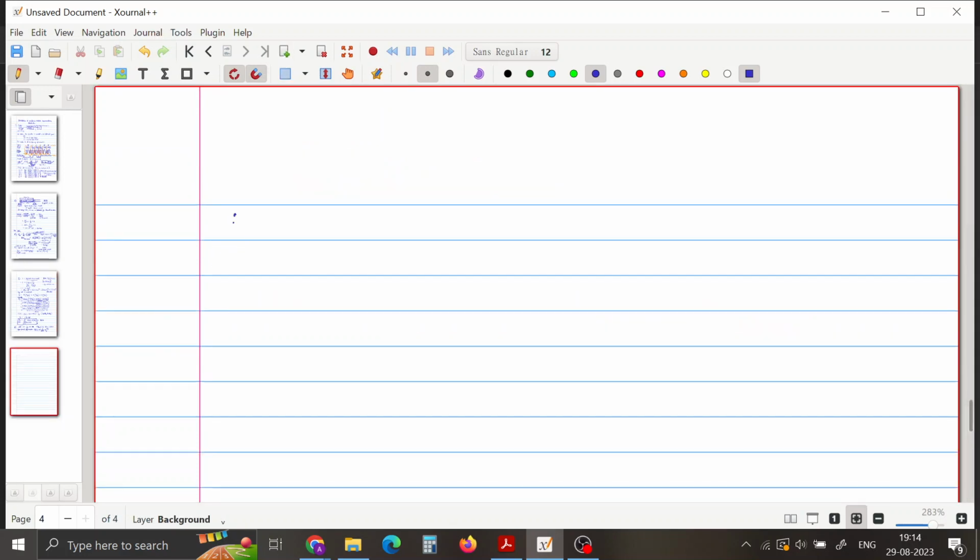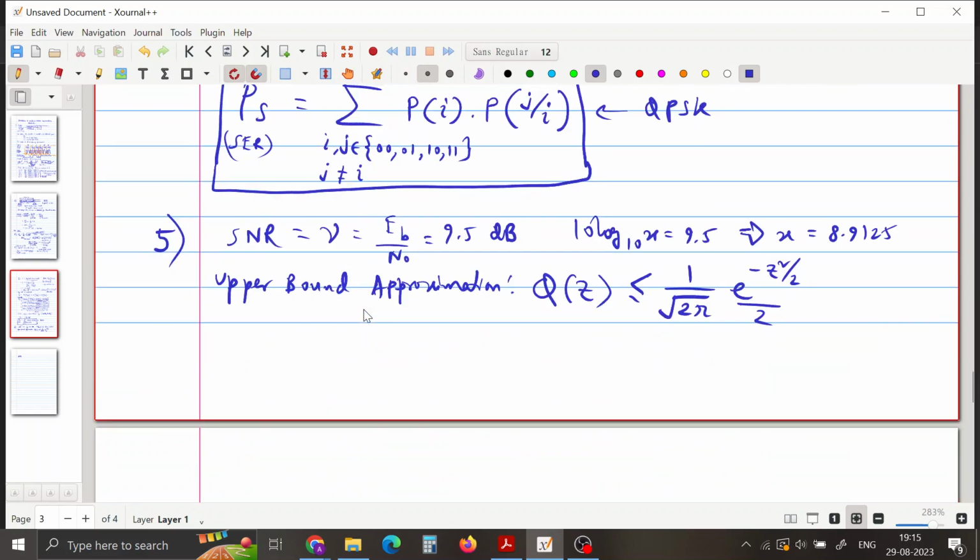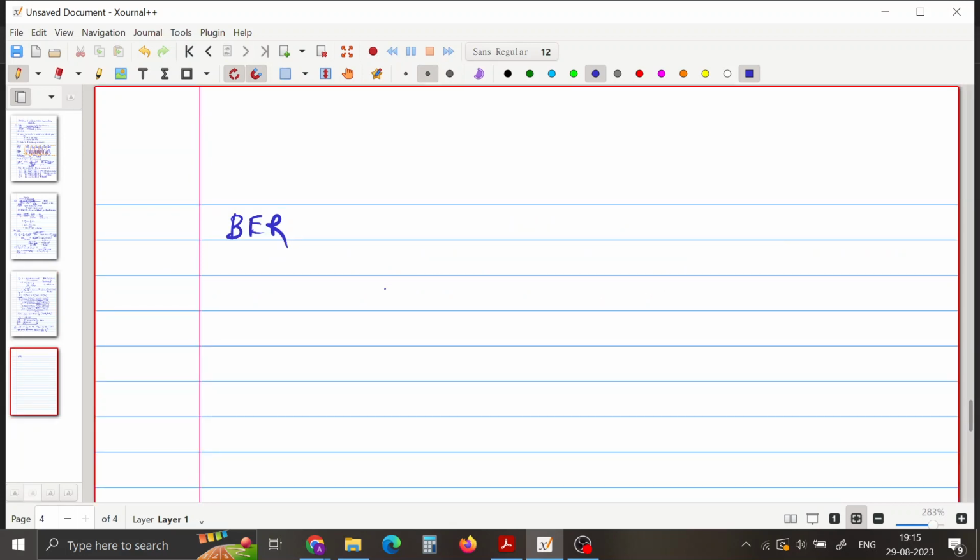Okay, e raised to the power minus z square by 2, whatever is your argument. I am writing here Q of z, so for that it will be e power minus z square by 2, whatever is the parameter inside the bracket. So the bit error rate for QPSK, sorry, what I am writing, wait.